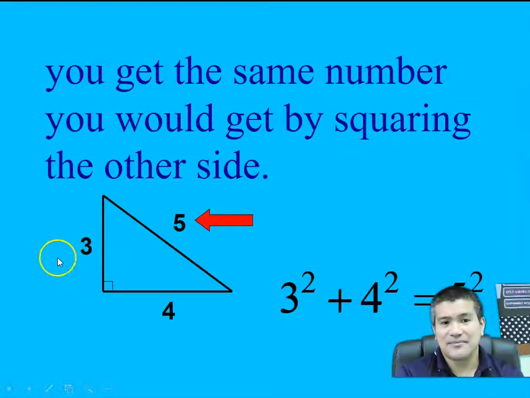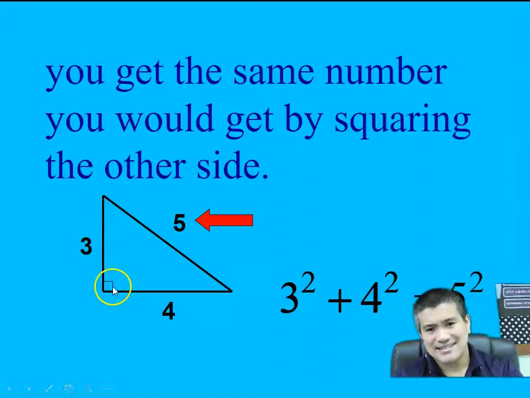So from here we have 3 squared plus 4 squared equal to the square of this side, which is the hypotenuse. These two sides here are the two legs of the triangle, adjacent to the right angle, 4 and 3.